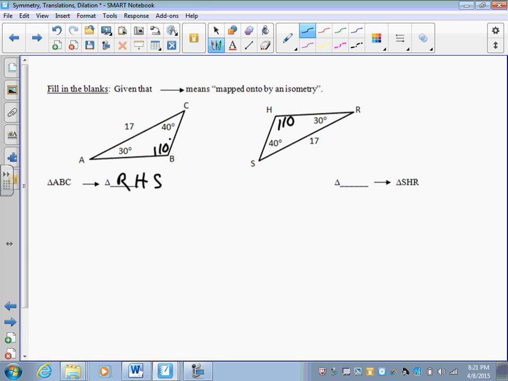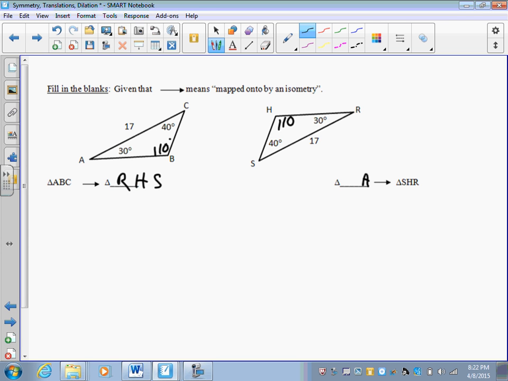Well, I want to do the same thing for the other one, but I'm going backwards. So SHR is coming from what triangle? Basically, we know what triangle it comes from, but we have to make sure that the order is correct. We already did that. We know from the first one we did that A has to correspond to R. Since R is last, we know A has to be last as well.